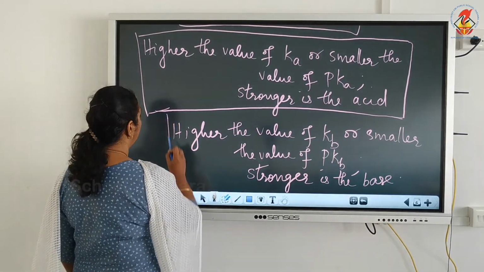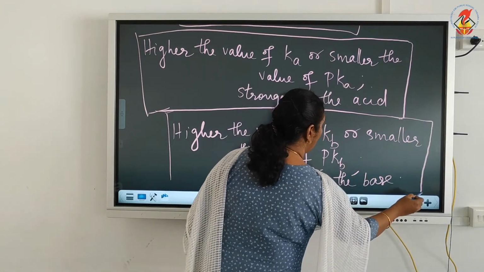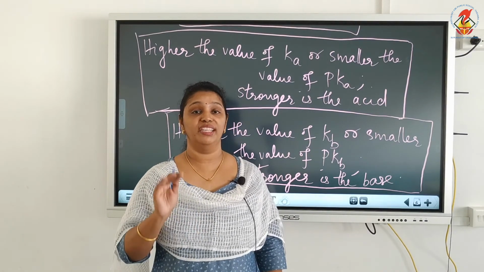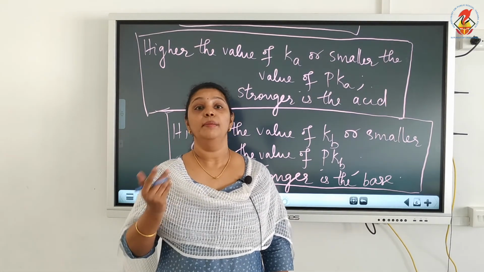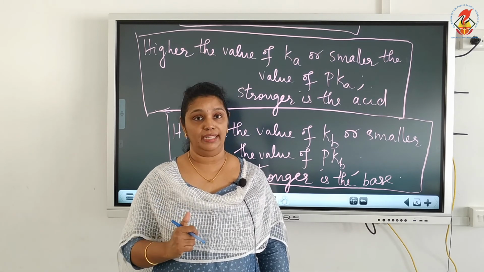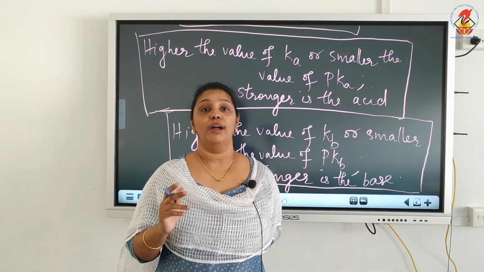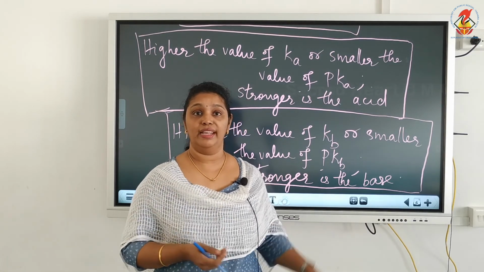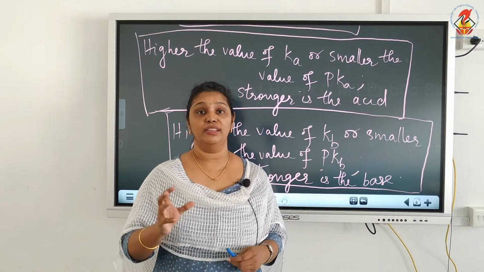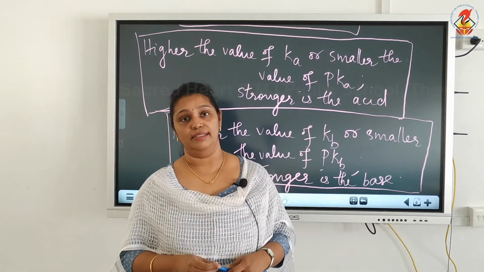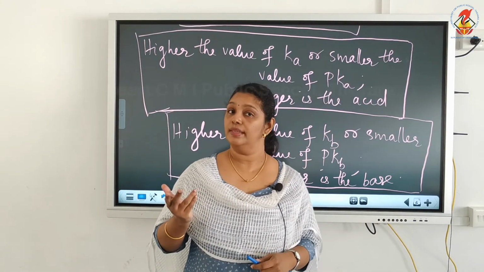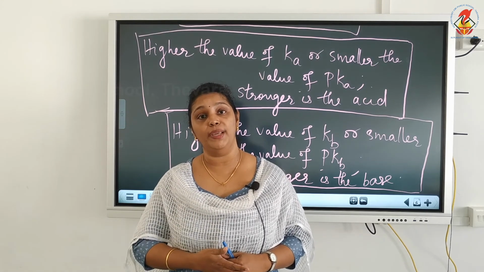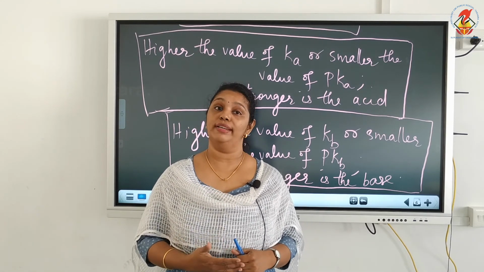This is something very important. If you are given the Ka or Kb, pKa or pKb value, you can predict whether it's a strong acid or a strong base, or a weak acid or a weak base from the values. These are the rules for assigning the strength of a base or an acid.